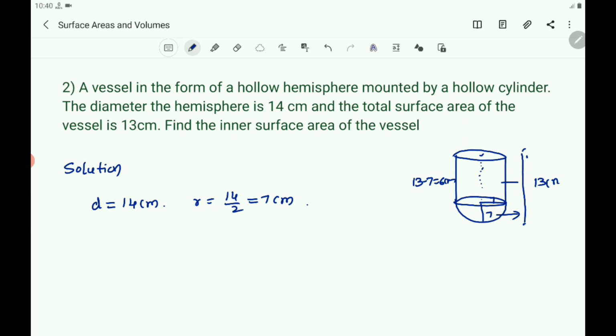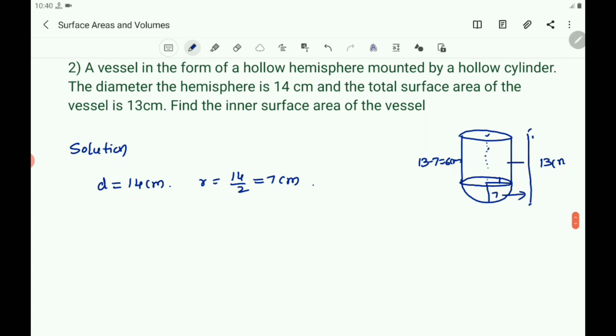And if you want to find the surface area of each part separately, then you take the cylindrical part first. What is the formula to find the surface area of the cylinder? That is 2 pi RH, and R is the same, 7 centimeter. H: the total height of the vessel is 13 centimeter, minus the radius of the hemispherical portion.